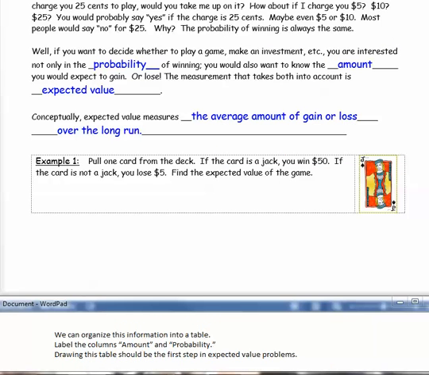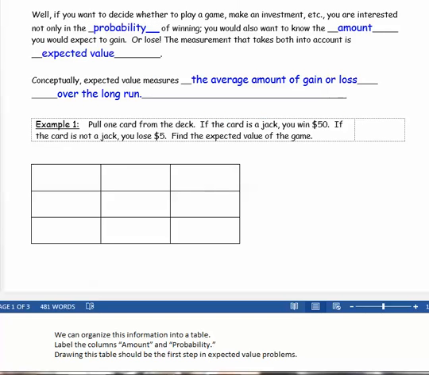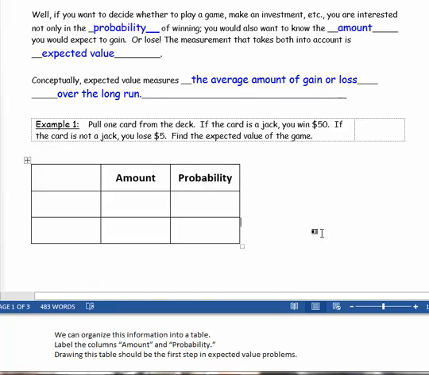We can organize this information into a table. Label the columns amount and probability. Drawing this table should be the first step in expected value problems.